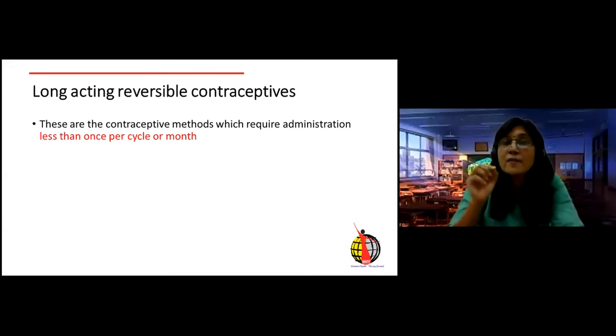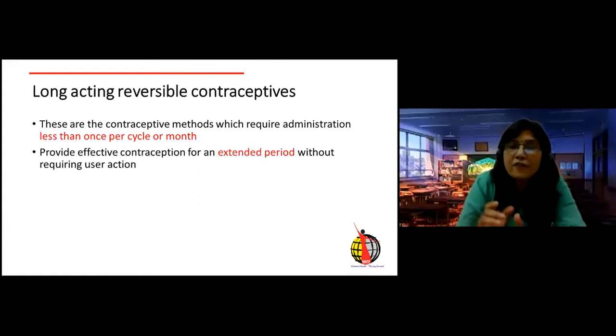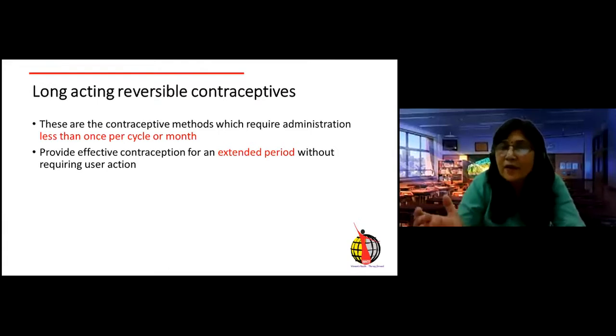One per cycle or per month is called long-acting, and it provides effective contraception for an extended period of time without requiring user action. The user is the person who is using the contraception, and of course, you have another word, the provider, who provides the contraception. So no user action is required for an extended period of time, unlike an oral pill or a barrier, where the user has to use it quite frequently.